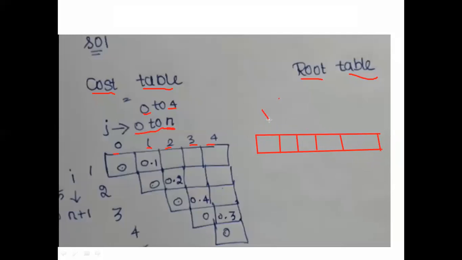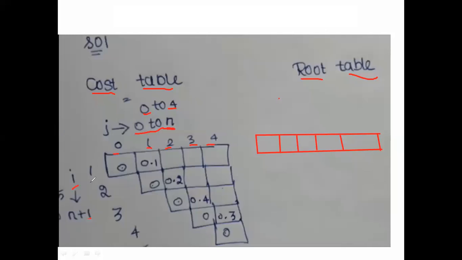And column wise, it is i to n plus 1, sorry, n plus 1.